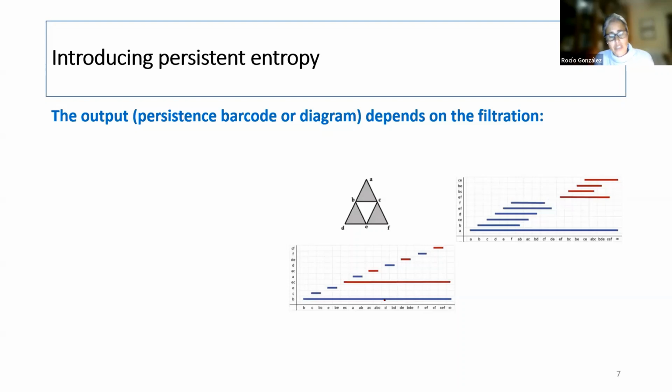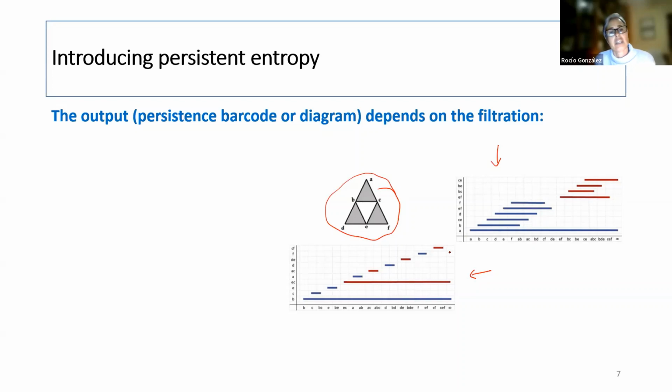When we defined persistent entropy, we thought that the persistent diagram depends on the filtration. So if we had different orderings of the cells in the filtration, we would have very different persistent barcodes. And we wanted to measure this. So for example, at the beginning, we wanted to find which is the best filtration that reflects better the topology of the simplicial complex we are measuring.